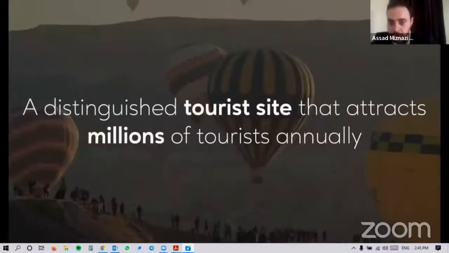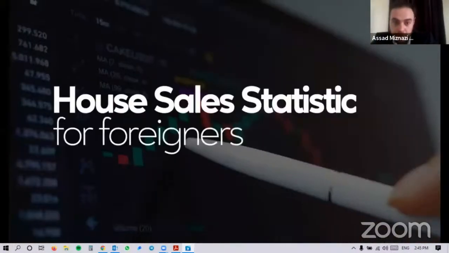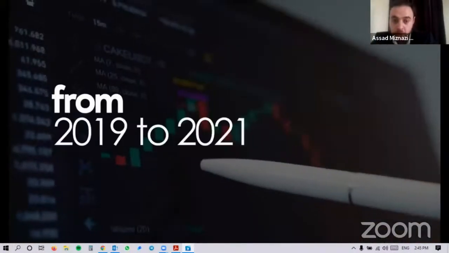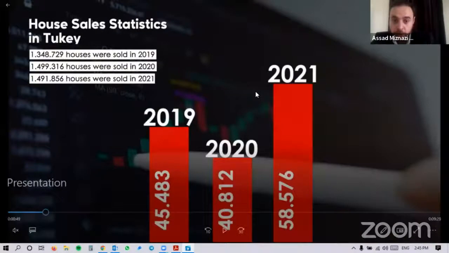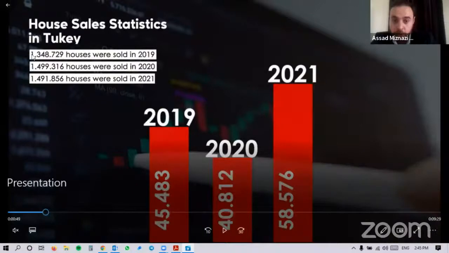And also, of course, the tourism section. I will just give a brief statistic about the last 3 years. In 2019, 1,350,000 houses were sold only to Turkish people, but to foreigners there were around 45,000. So the market is for locals.